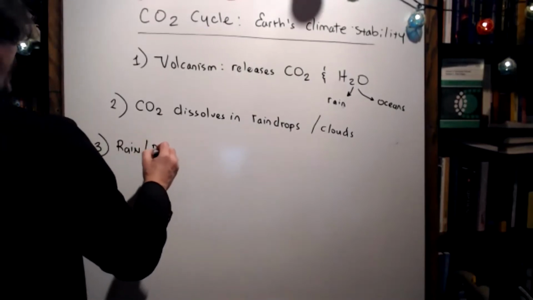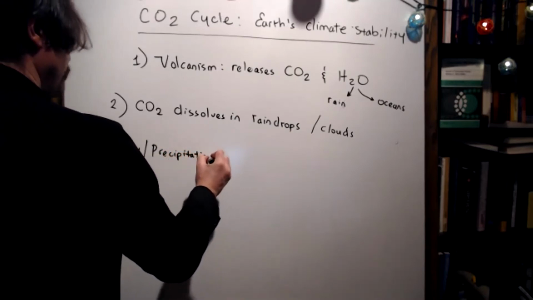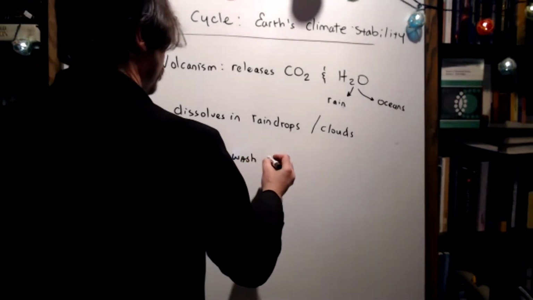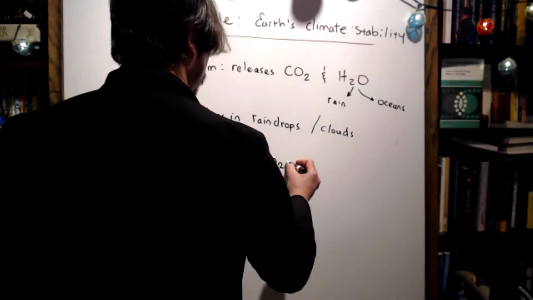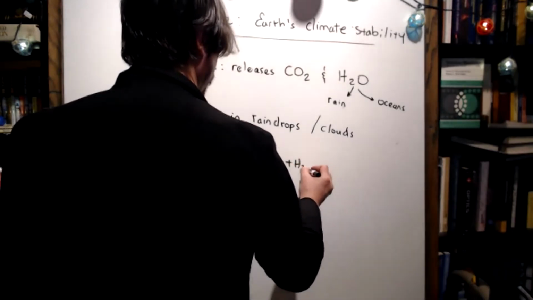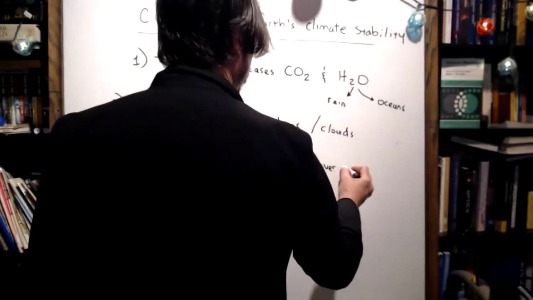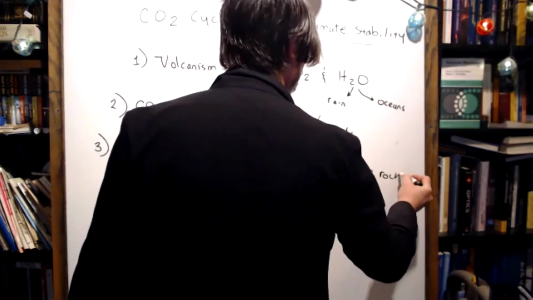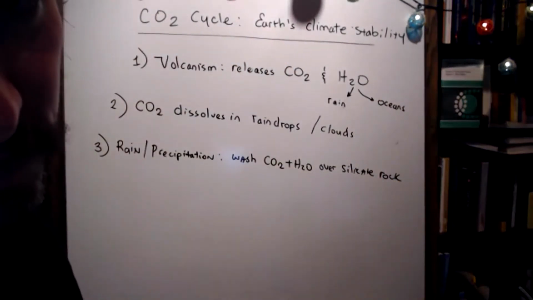So rain and other forms of precipitation are going to wash CO2 plus water over silicate rocks. Remember, students, that water can chip away and dissolve silicate rock.